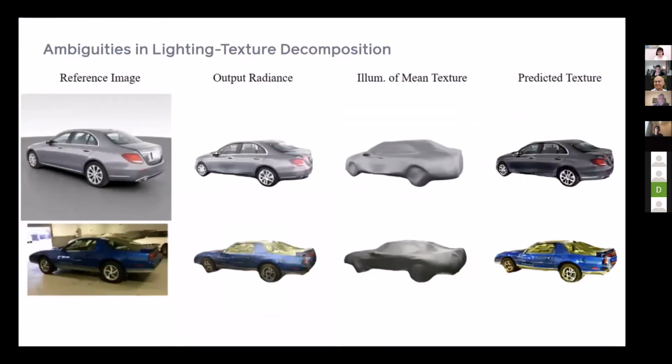And I think one interesting ambiguity that comes out is because we are modeling view-dependent effects that are determined by the environment lighting, there is this inherent ambiguity of whether the car is black and there's a lot of environment lighting out there, or whether the car is gray and there is less environment lighting out there.